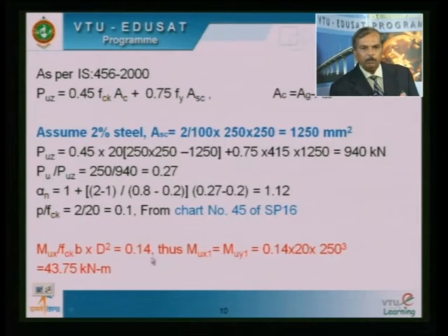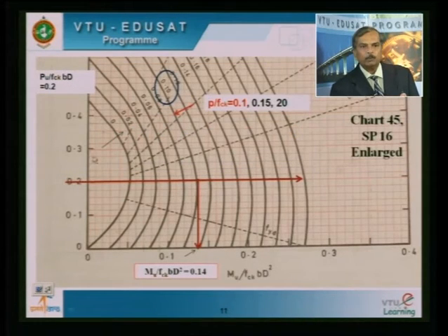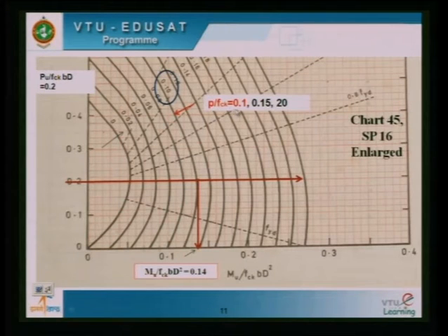Now let us see how this 0.14 can be determined from the interaction curve corresponding to your Pu by fck bD equal to 0.2, and of course the probable curve is p by fck equal to 0.1, because we started with 2% of steel, for which p by fck is 0.1, and you can see your 0.1 lying here.